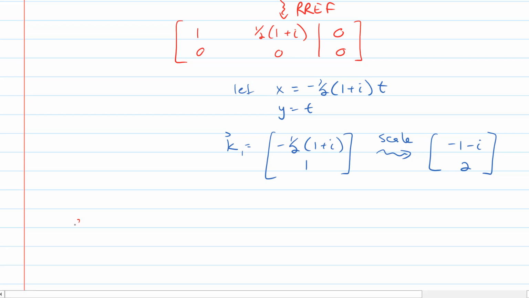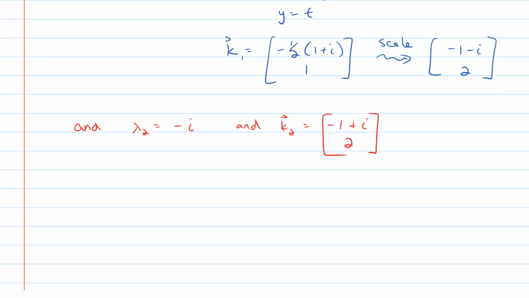And we know from applying the complex conjugates that lambda 2 is equal to the complex conjugate, it's equal to -i, and our k2, the complex conjugate of k1, is -1 plus i, and 2 also as a column vector. Okay, so now that we've got that, we have to figure out b1 and b2. b1 is the real part of k1.